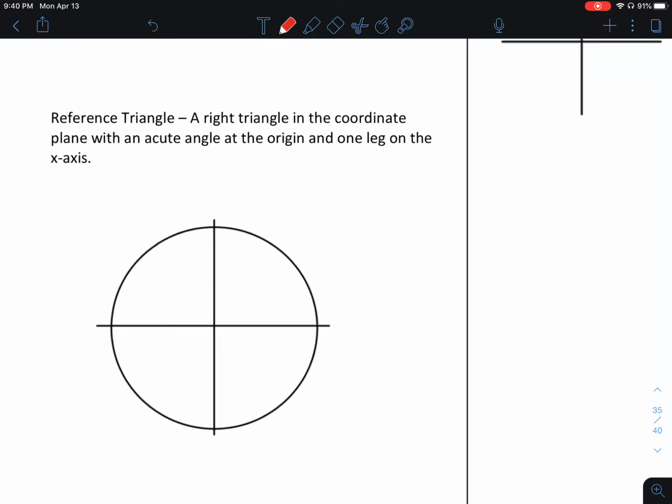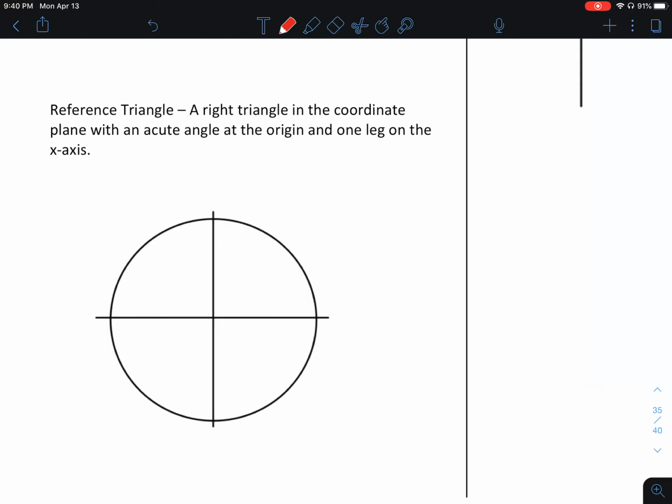So a reference triangle is a right triangle that uses the reference angle. If you had an angle whose terminal side falls in quadrant 1, like so, let's call this angle theta. The reference triangle would be a right triangle formed by drawing a vertical segment, so that the x-axis is one of the legs of the triangle.